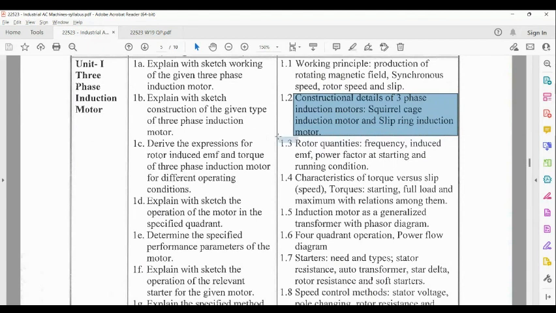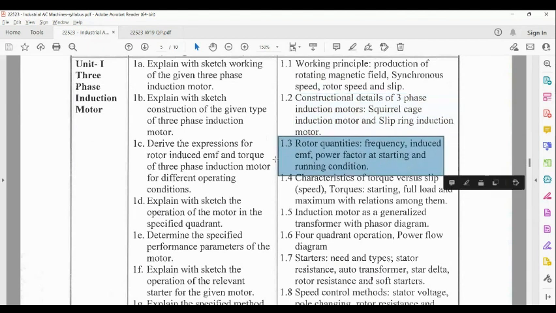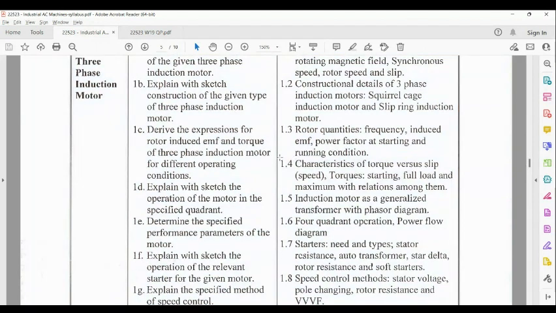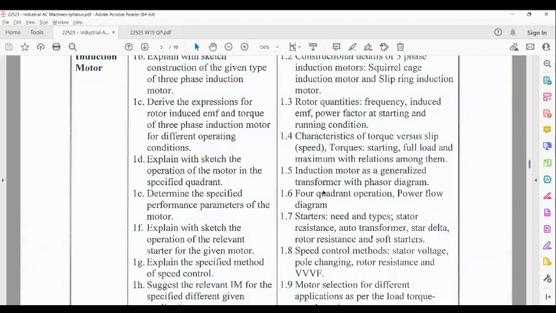After that, the third point is rotor quantities, that is frequency, induced EMF, and numericals on that. Then characteristics of torque versus slip, that is speed, starting torque, full load torque, maximum torque, and again numericals on that. After that, induction motor as a generalized transformer with phasor diagram.